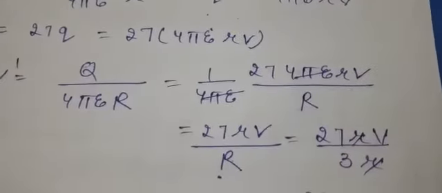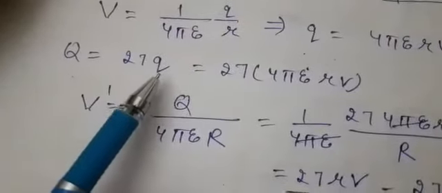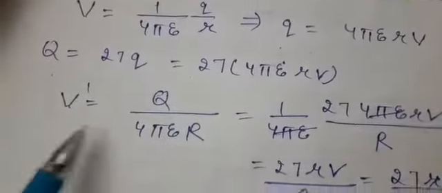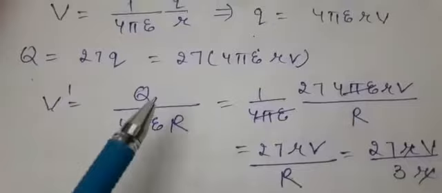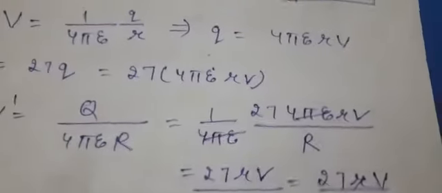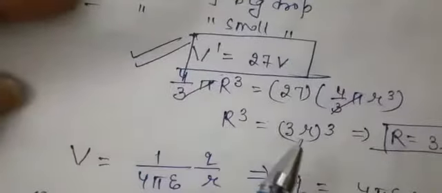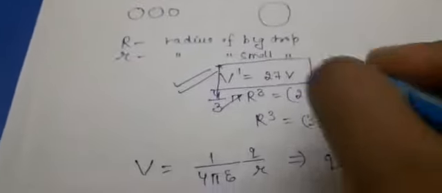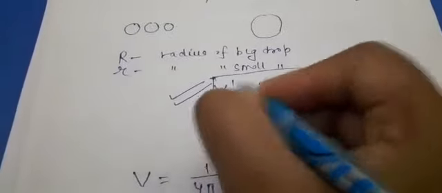Now total charge of 27 drops, 27 into Q. Then potential, that is Q upon 4 pi epsilon naught. So basic concept, but one thing you have to pay attention to: you get confused with the symbols of potential and the volume. So you can take the volume as V1 and V1 dash.